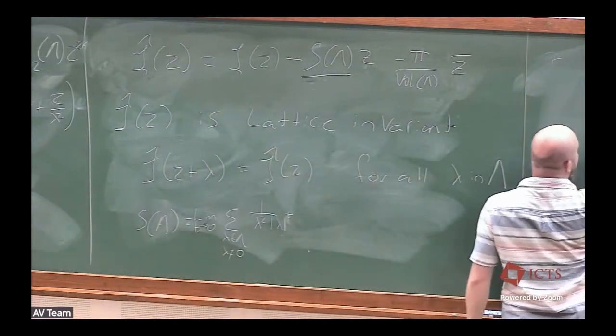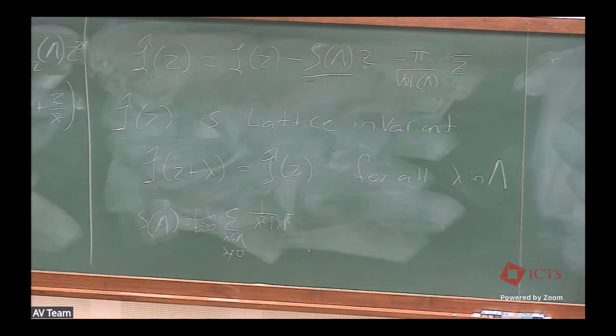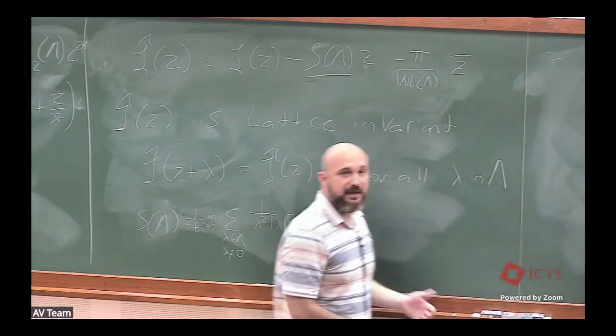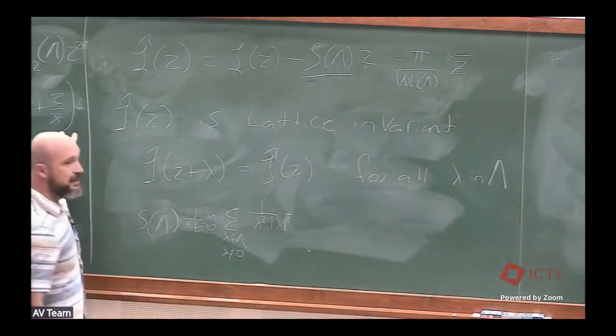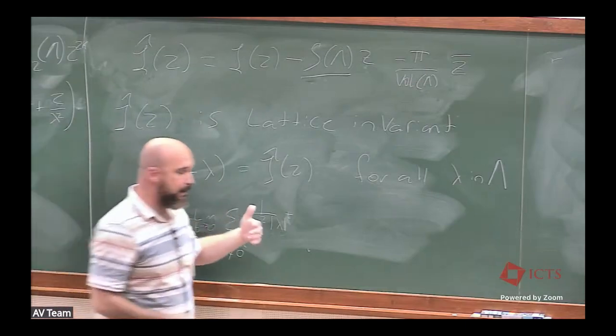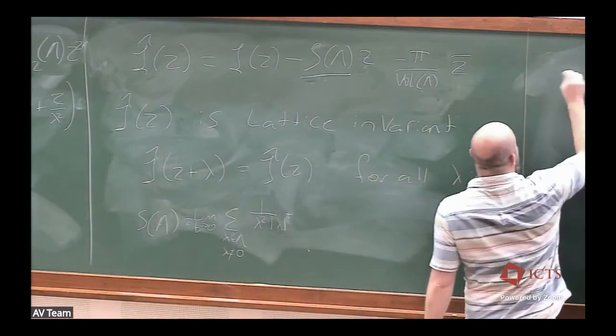Well, there's this thing called the modular parameterization of the elliptic curve. This is a way of getting points on the elliptic curve coming from a modular curve. And that relies on a cusp form.